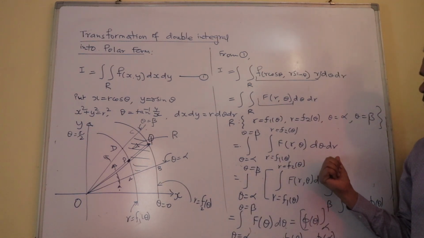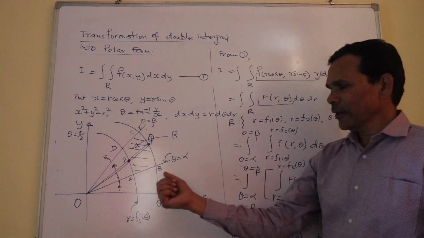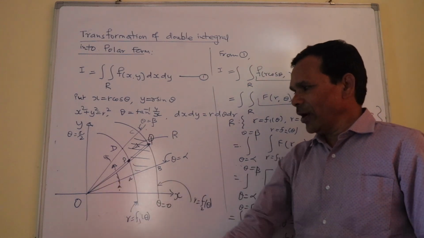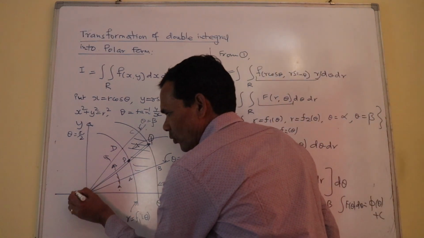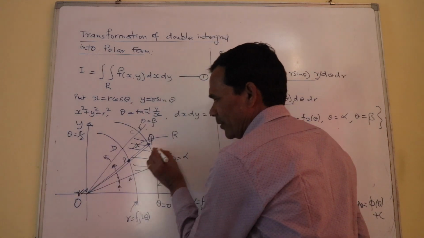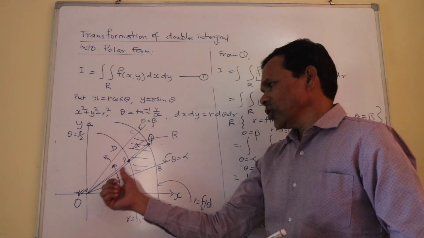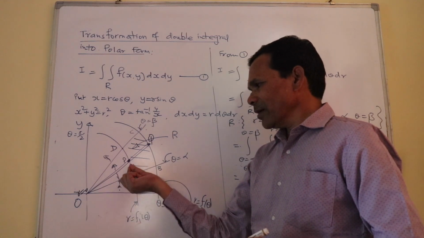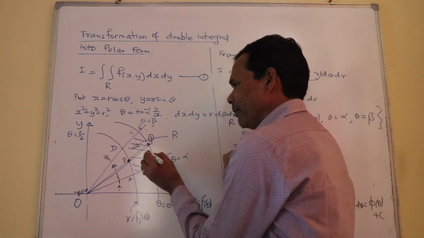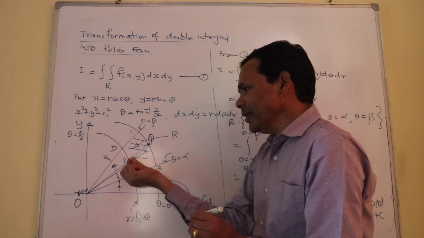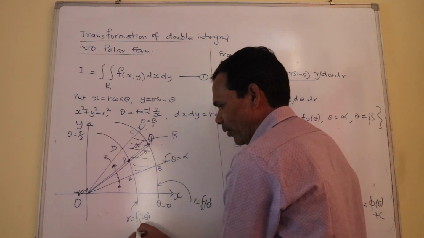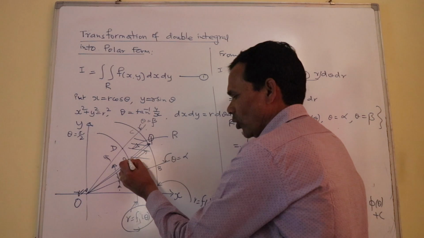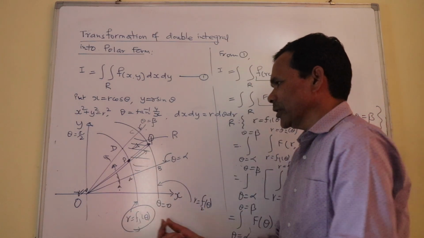So what we do here to find the limits, look at the limits. To find limits, we draw a strip OPQ, a radial strip actually, in this region of integration, where r varies from point P to point Q. At this particular point, it is the boundary of this particular curve. So at P, r is equal to f1 theta.